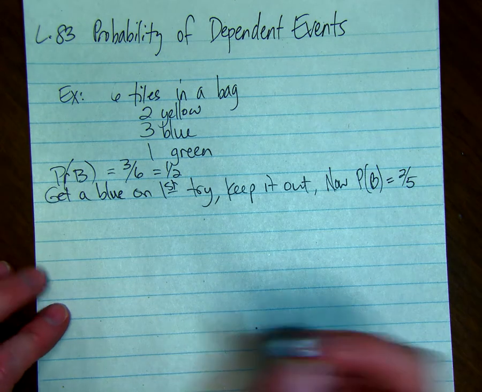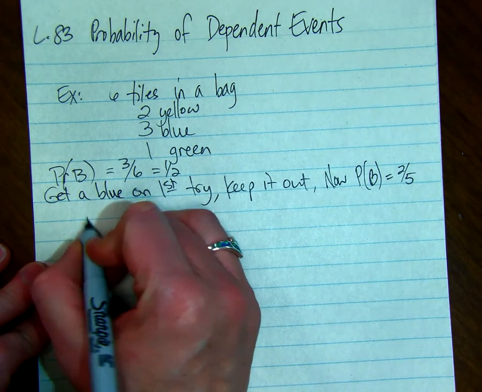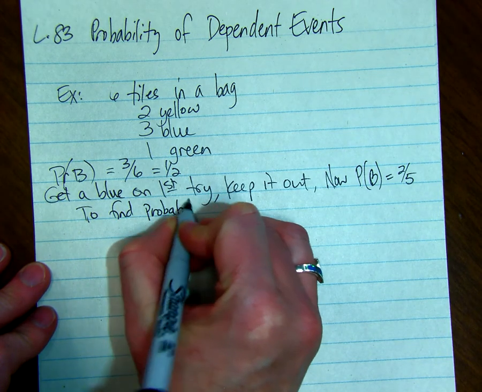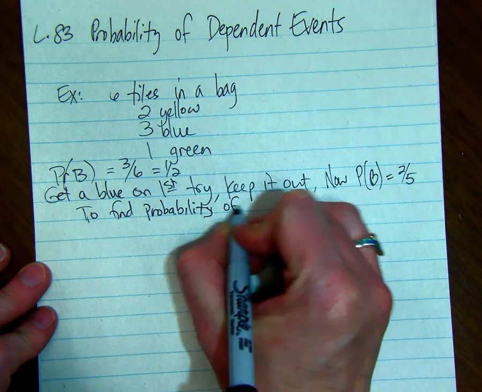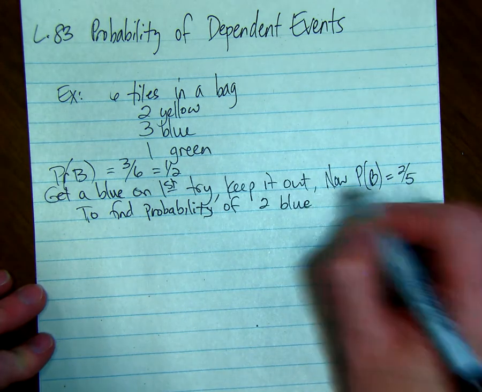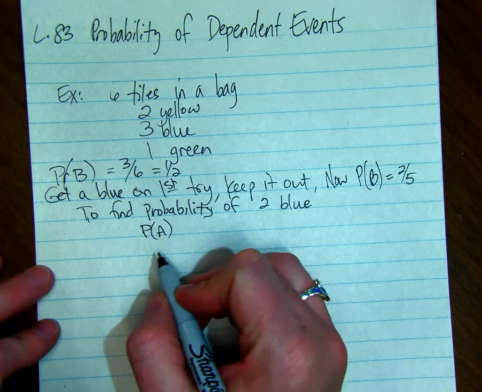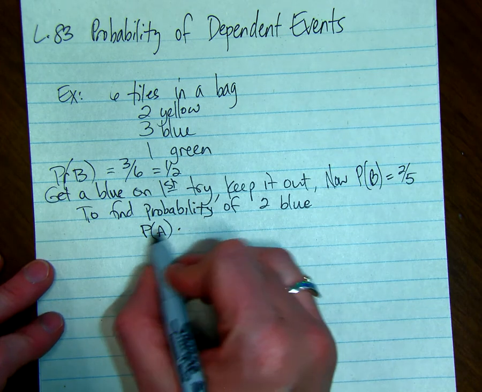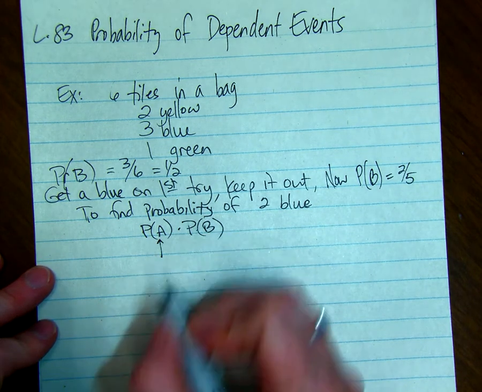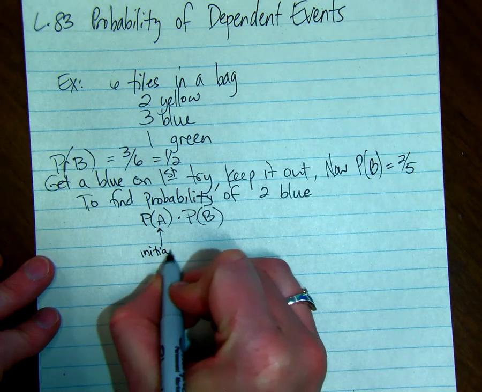So how would we say the probability of finding 2 blues? To find the probability of drawing out 2 blues, if you just took 2 out, the way we find that is we take the probability of blue the first time, so that's the first one, we just call it event A, times the probability of event B. We have to remember that the probability of the first one is under the initial conditions.